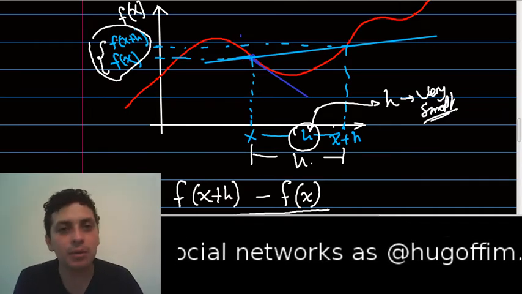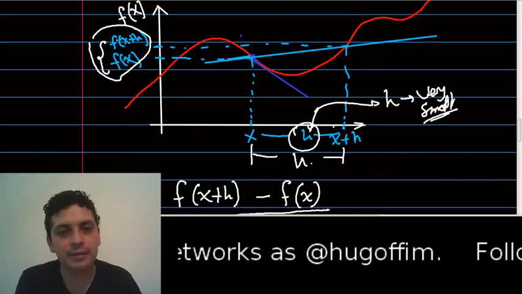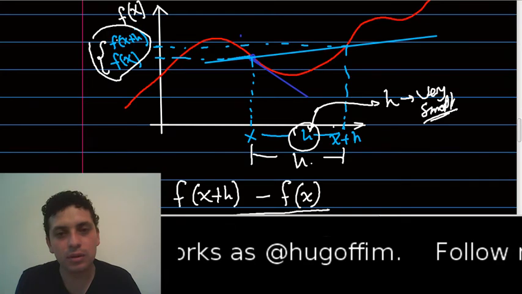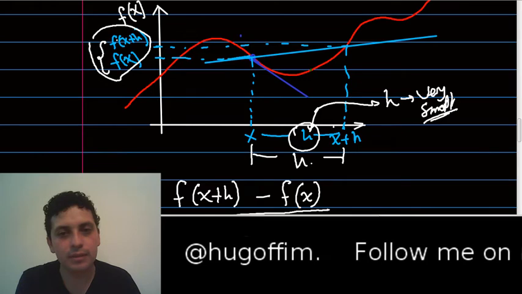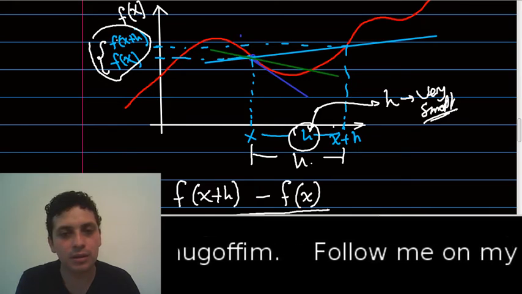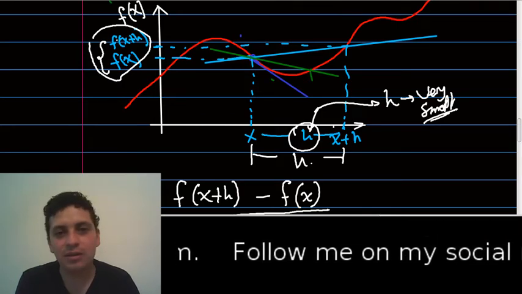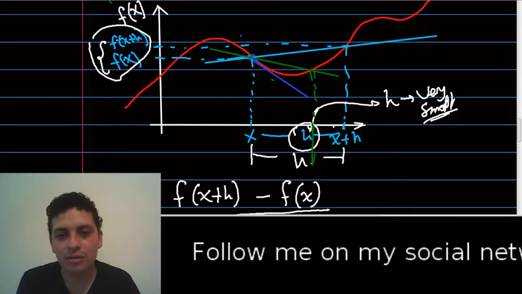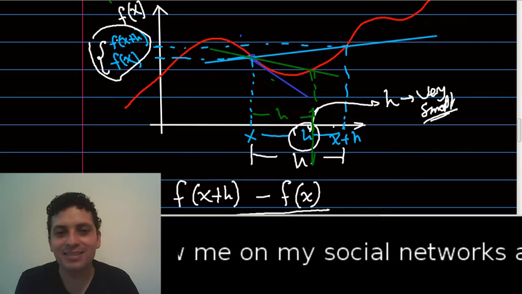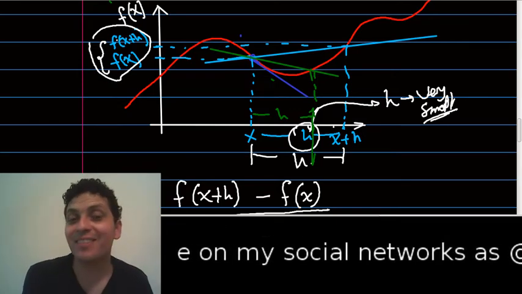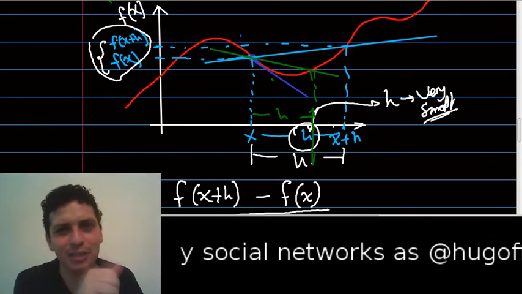So for example, let's say that I'm going to decrease h to this point. Okay, you see, if I decrease h to a smaller value, I'm getting a secant that is more approximated to the tangent. So I'm going to make it smaller to get the tangent.